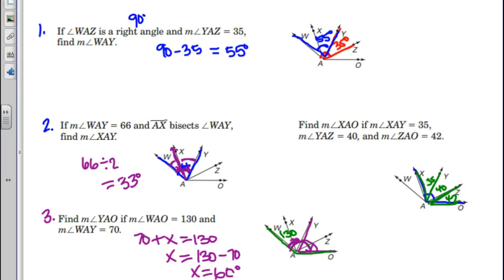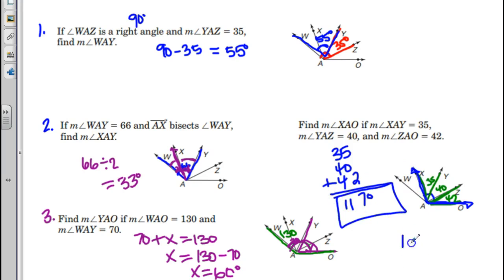So do you see that we just labeled every single angle that's on the interior that helps make up XAO? So we have 35 plus 40 plus 42. Everybody agree with that? Awesome. All right, so add all those together. So 5 plus 2 is 7. And then 4 and 4 is 8, plus 3 is 11. So the measure of XAO is 117 degrees.